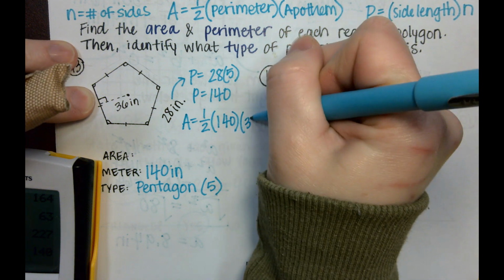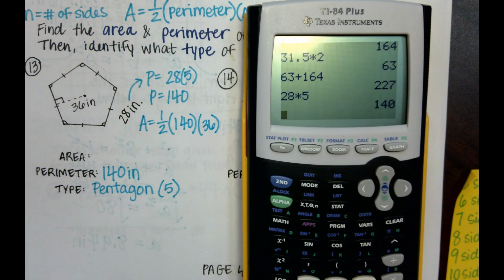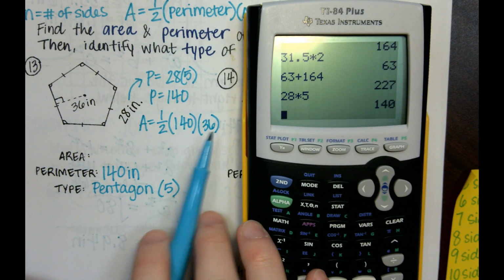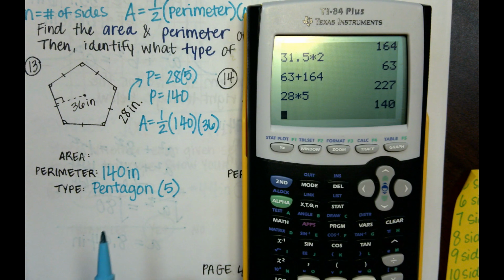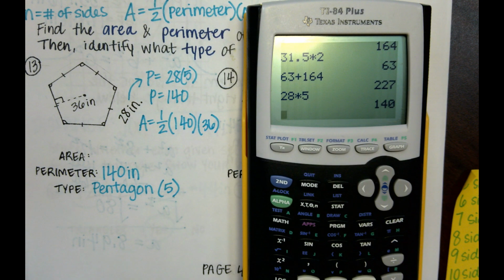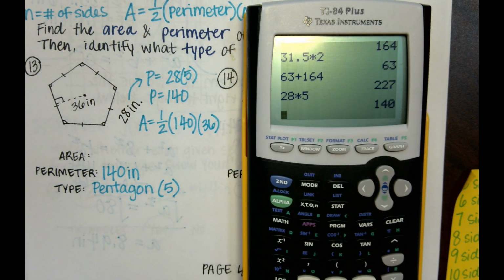Good, times 36. And that would equal, you can really just put this all into the calculator. It seems to get a fraction in this. Oh, yes, alpha y equals, enter. It doesn't work on this calculator for me. Let me get my calculator that works. Honestly, I think that a couple of them are just programmed in differently. No, I think so too.